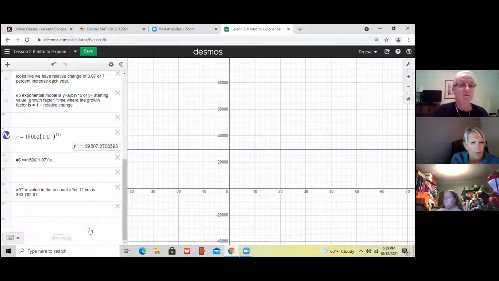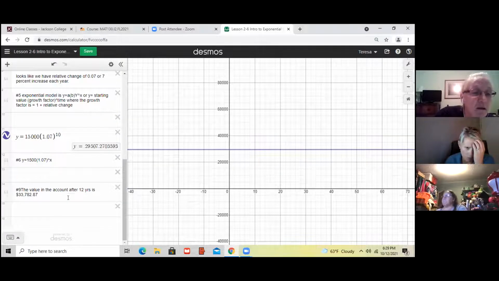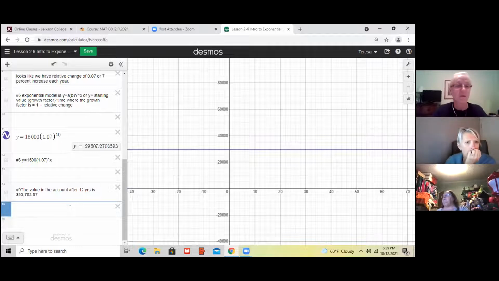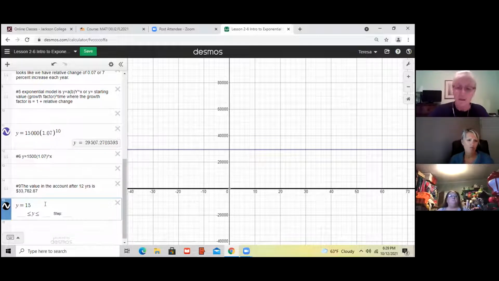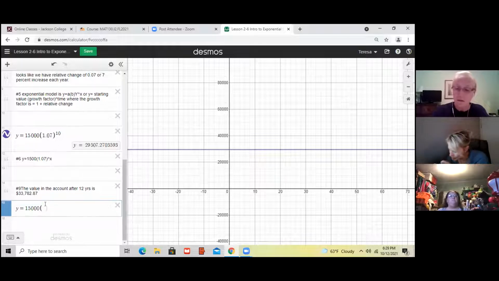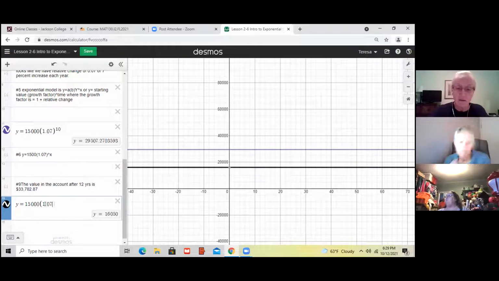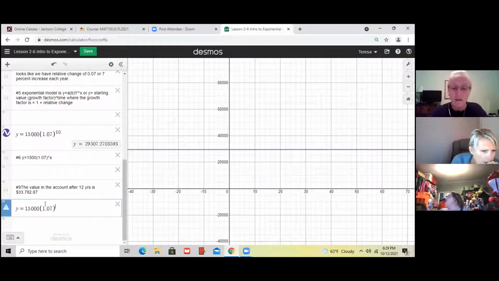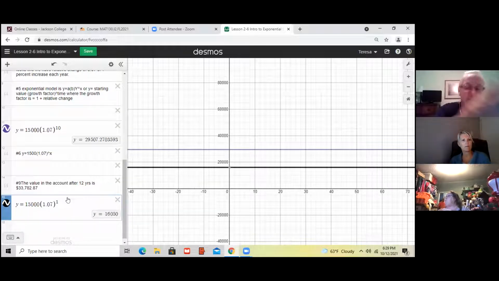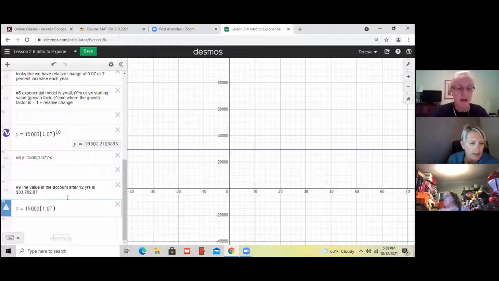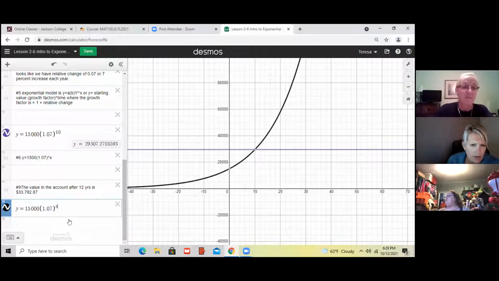So y equals 15,000 times 1.07 to the X. And so there's the graph.